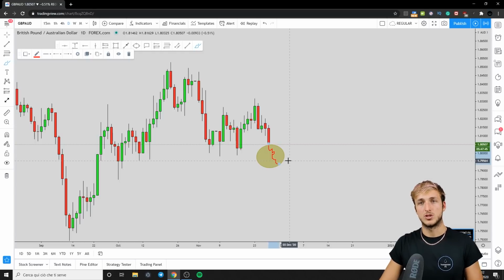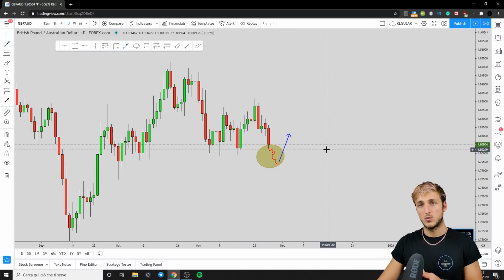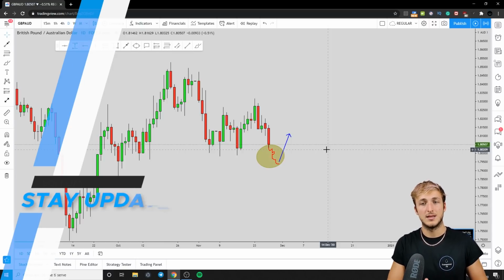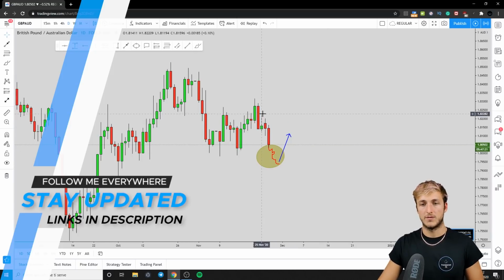If the market shifts from a 4-hour bearish to a 4-hour bullish market, at that point we will be adding GBP AUD to our watch list, and as soon as the market provides us one of our valid entries, we will be taking a nice long with a very good risk to reward and very good probabilities for the move to the upside and completion of the formation, or overextended formation, at the neckline, or at least at the 0.382 of the Fibonacci taken on the impulse to the downside.